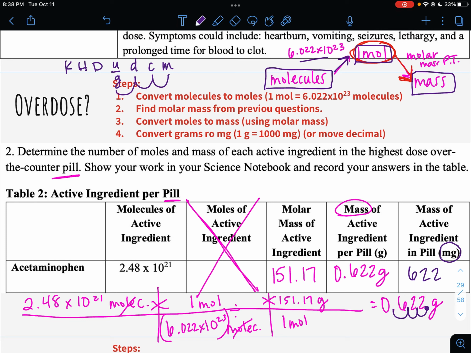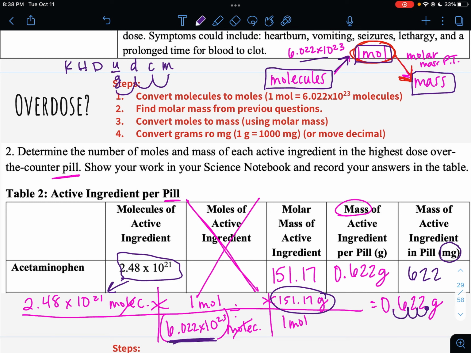So you're going to do the same process for the next 3 ingredients. Make sure you're starting with what you're given in the box. Remember, if we're going from molecules to moles, we're going to use our Avogadro's number.